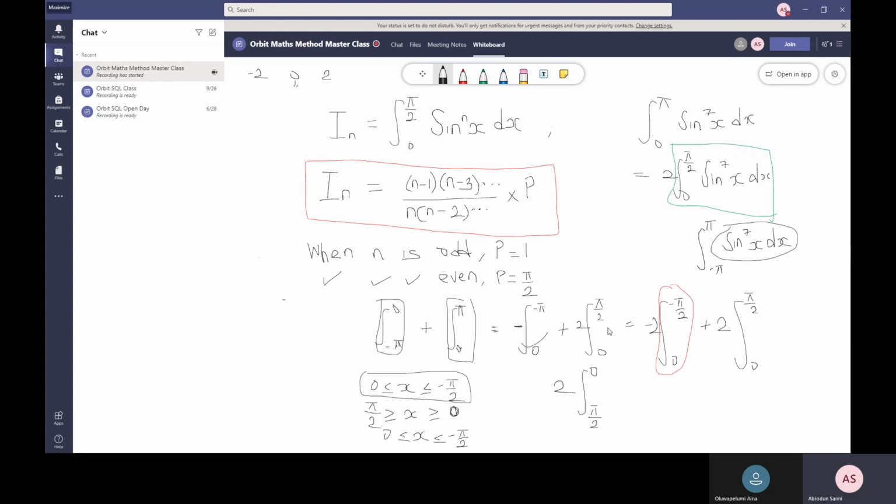So actually, without loss of generality, from this place I'll just say this is equal to minus 2 integral from 0 to pi over 2, without changing anything.